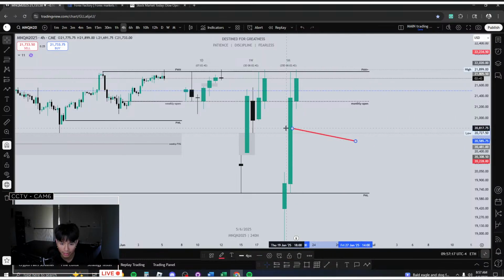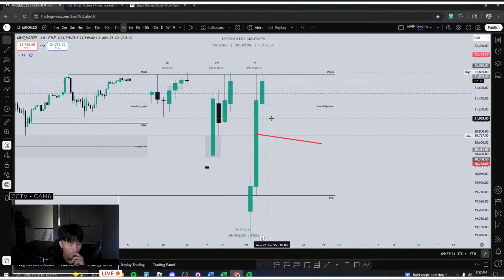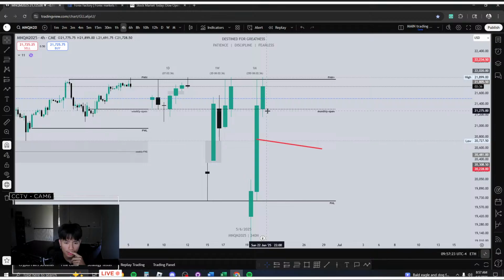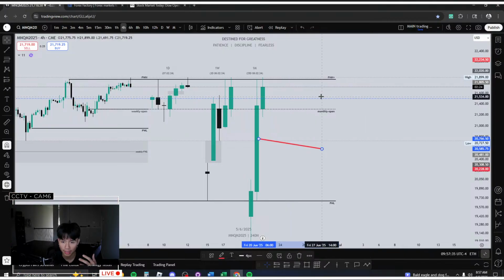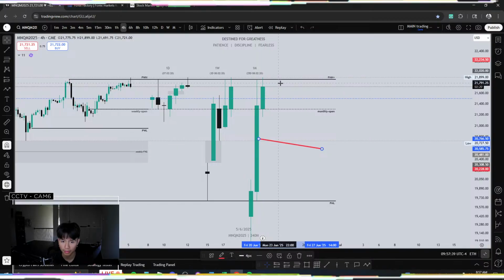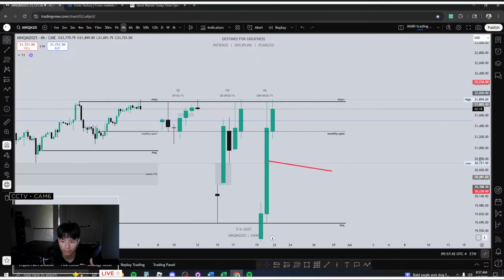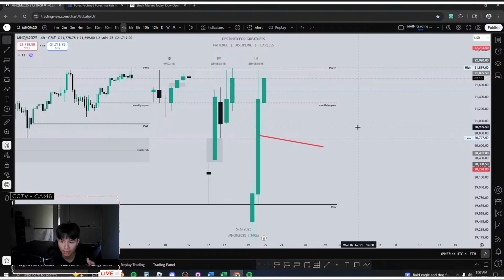One thing that I do want to mention is, look, this is the monthly candle from last month, right? And we created a bullish monthly candle. So coming into June, this current month, I was anticipating for us to take out May's high. Sometime this month, I was anticipating us to take out the previous monthly high.